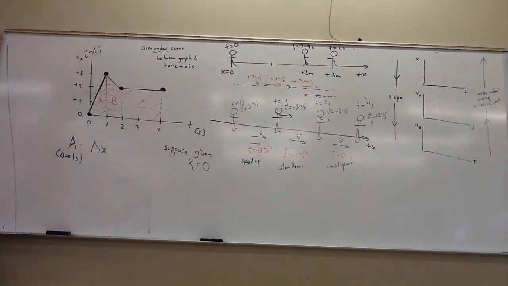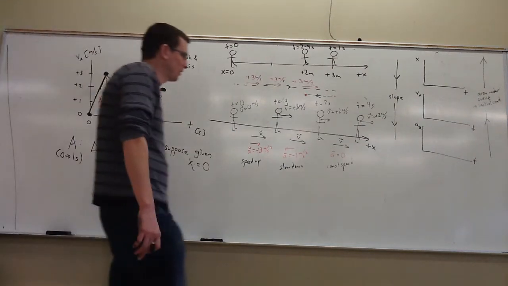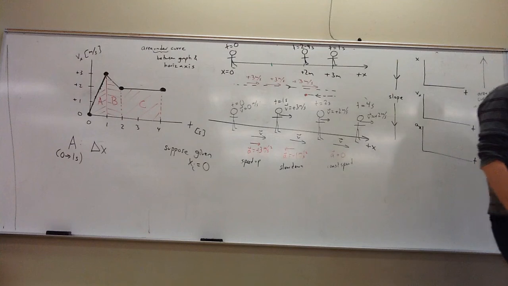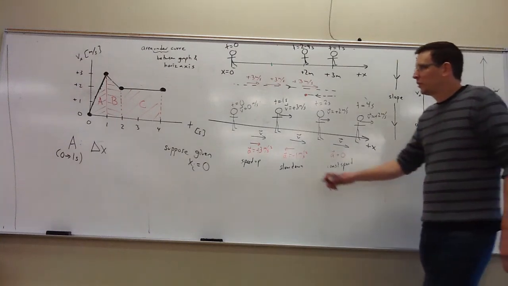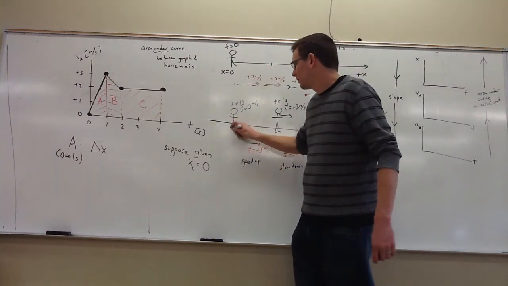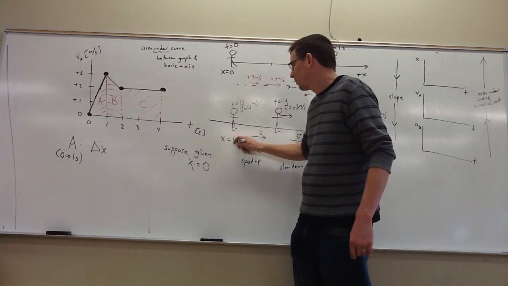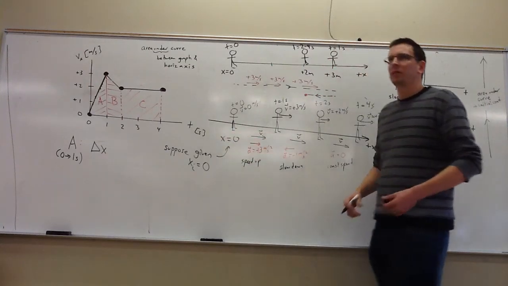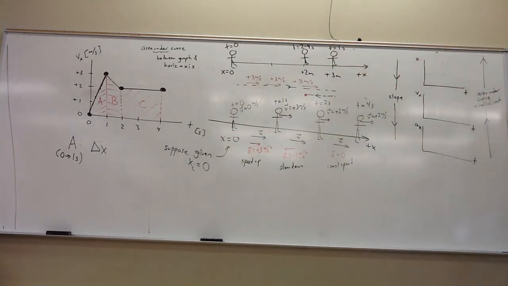So that's something that the graph does not tell you. The graph tells you that your velocity starts at 0, but it doesn't tell you where you started. Okay? So now we're given that you start at x equals 0. Someone is nice enough to tell you that as well as the velocity information.